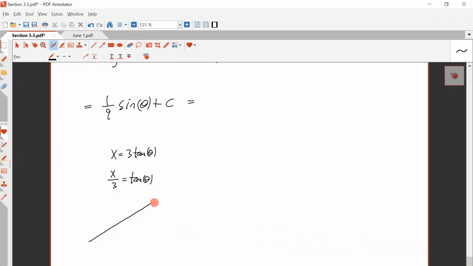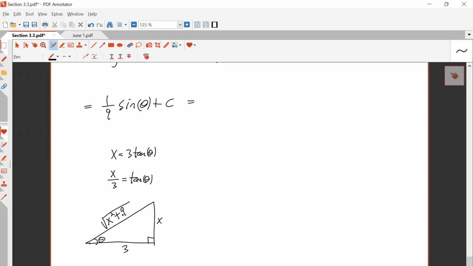Get out your right triangle. All right, put a theta in one corner. Tangent is opposite over adjacent, so length of the opposite side over length of the adjacent side, and therefore, by the Pythagorean theorem, the hypotenuse is the square root of x squared plus 9. So sine of theta, right, is opposite over hypotenuse.